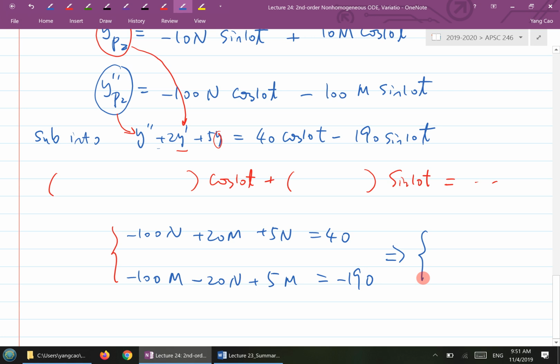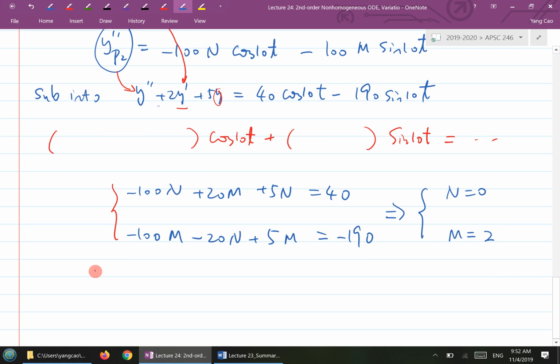Lots of big numbers here, but once you calculate, you find n is 0 and m is 2. That's actually pretty handy. So n equal to 0, m equal to 2, which means your yp2 is just 2 times sine 10t, since m is the coefficient for the sine term.